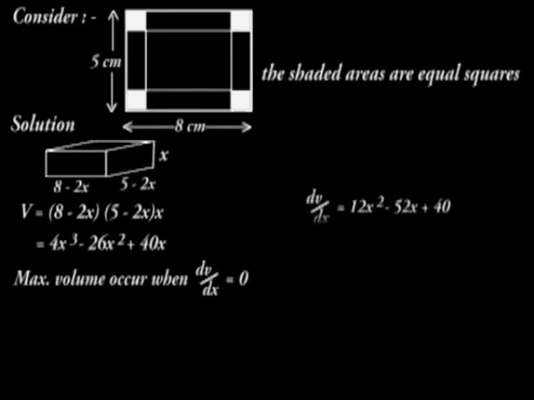Therefore, dv over dx is equal to 12x squared minus 52x plus 40. 12x squared minus 52x plus 40 is equal to 0. Solving the quadratic equation, x is 1 or x is 10 over 3.